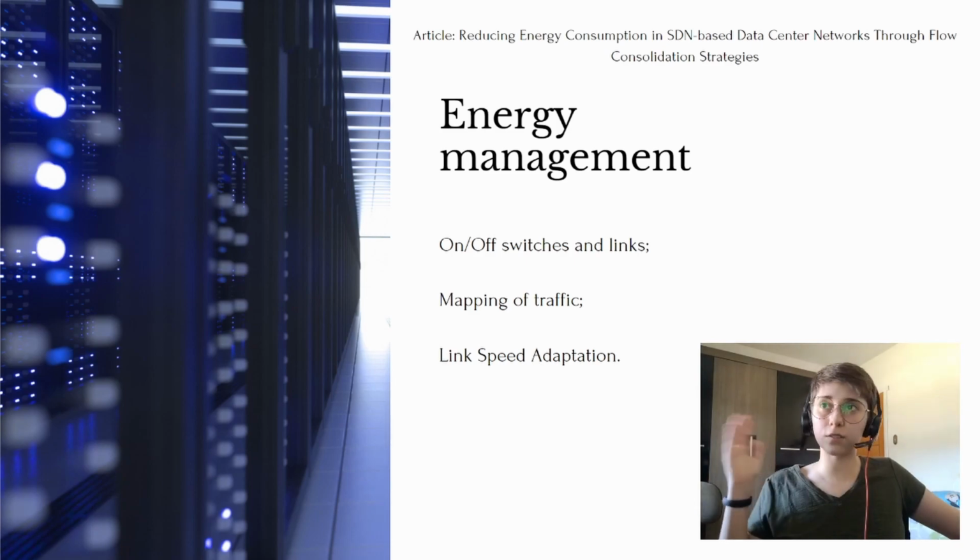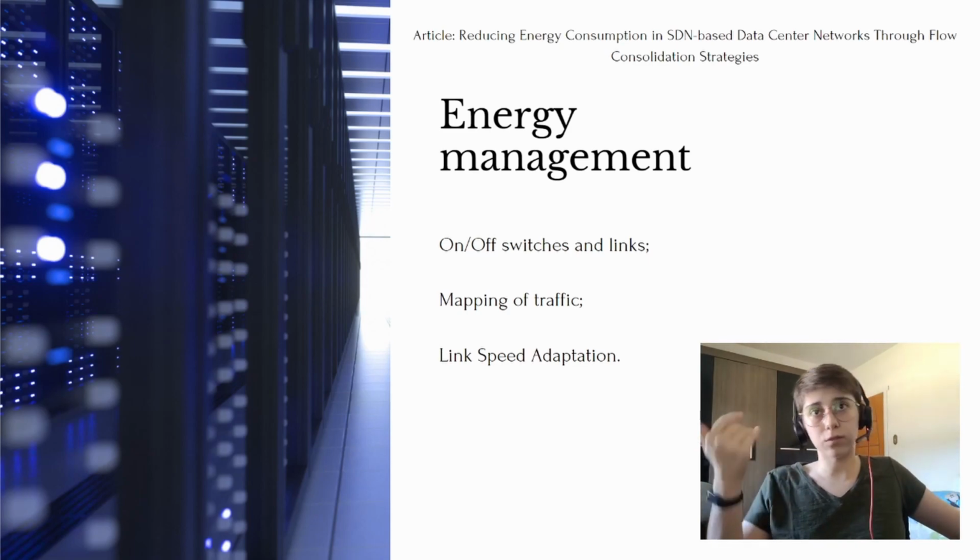And in the article, they show some energy management strategies to reduce consumption, such as on-off switches and links, whose purpose is to turn on and off data links and idle equipment. So when I don't use them, I will turn them off.